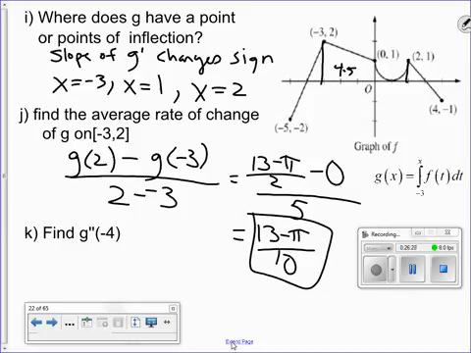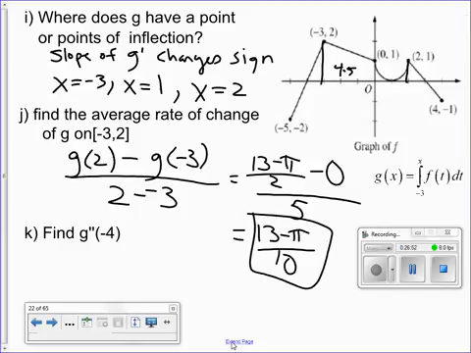The derivative of the derivative? No, the second derivative is the derivative of the first derivative, right? Okay? And graphically, the derivative means slope. So this just means the slope of the first derivative at x equals negative 4. So look at that graph at x equals negative 4 and tell me what the slope is.